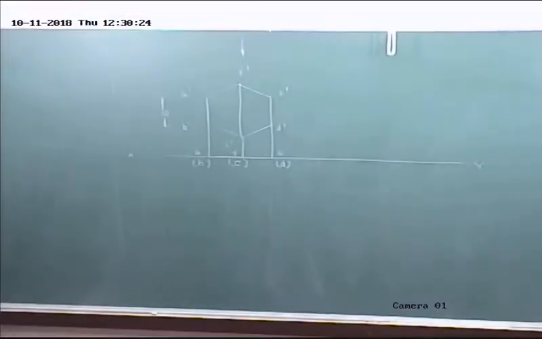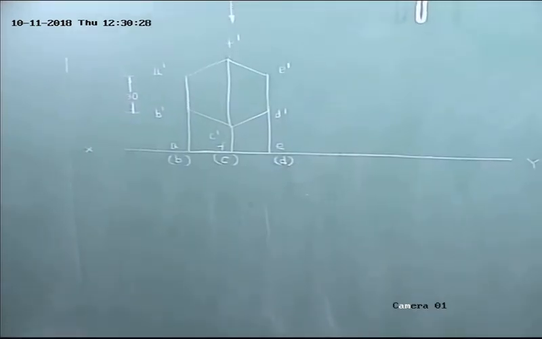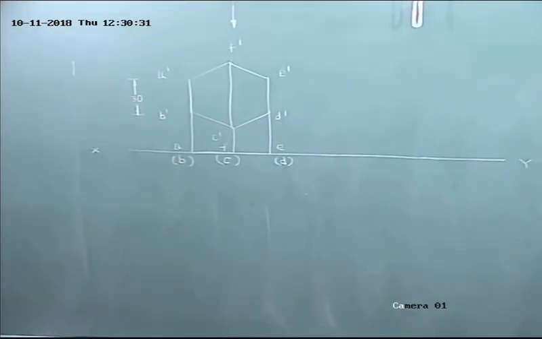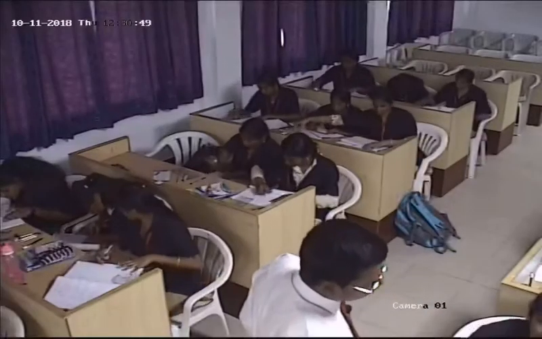Have you constructed a hexagon? Over? Yes. Oh no, you are wrong.